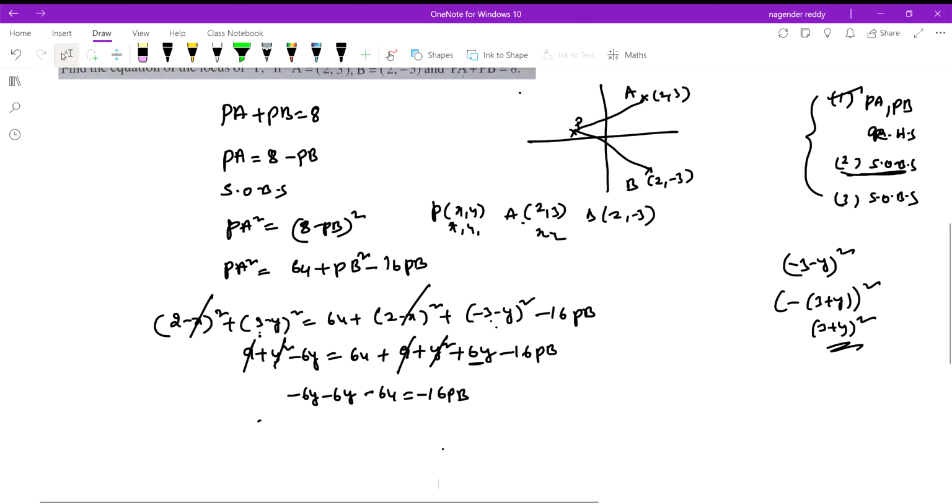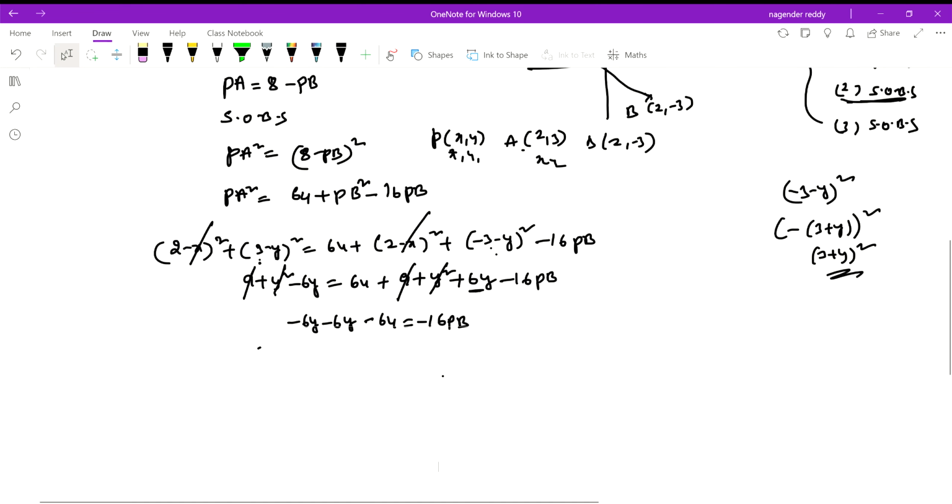Or otherwise you can keep the 64 on that side, no problem. But before doing the squaring on both sides, again we have to bring everything to the left side only, so before that I took this 64 on the left side. Now see, minus 6y minus 6y is minus 12y, minus 64 equals minus 16 PB.